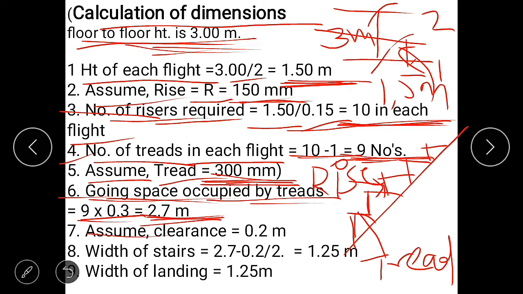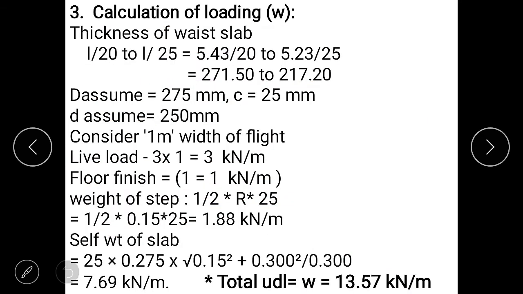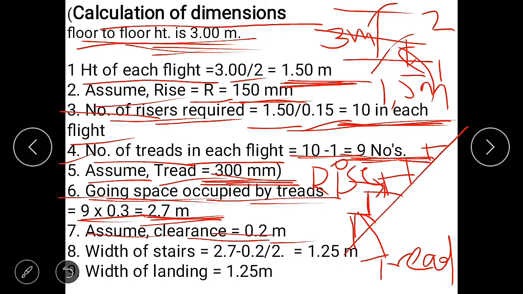Okay, assume clearance 0.2 meter. Assume clearance means this distance is 0.2 meter. Width of stair means this width here.